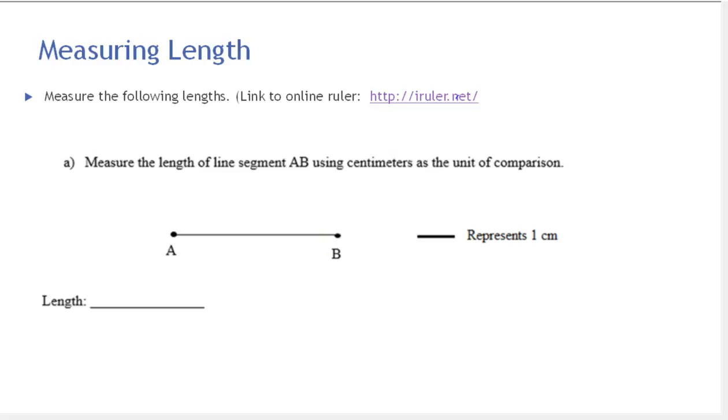So what I have done is I've taken a piece of paper and I ripped the edge off a piece of paper. I lined up the corner with this segment, so the leftmost corner is here, and then I wrote a mark on the paper where the rightmost piece of this unit of measure ends. And now I'm going to use that to measure from A to B.